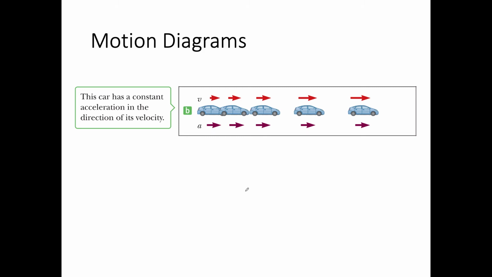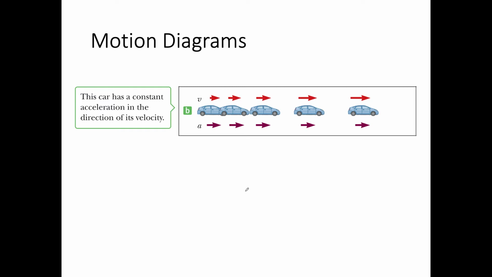And now for this one, apparently the velocity of the car is changing, it's going faster, and this depends on the change of velocity at each time interval. Now, in this particular example, this is a constant acceleration motion.